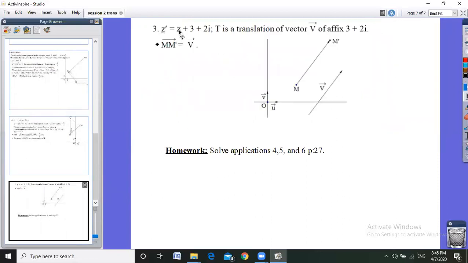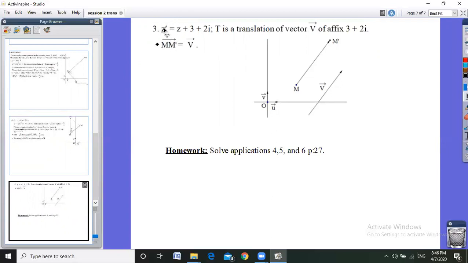Third, Z prime equals Z plus 3 plus 2i. In this case, this is a special case, since the coefficient of Z is 1, and its exponential form is 1 e to the i 0. So we have K is 1 and alpha is 0. Then T is a translation by vector V. Here we have Z prime minus Z, which is the affix of vector M M prime.